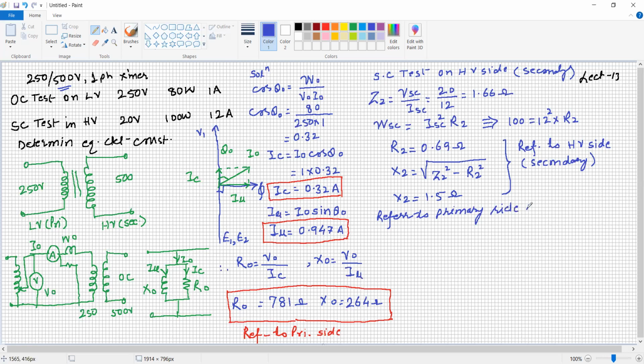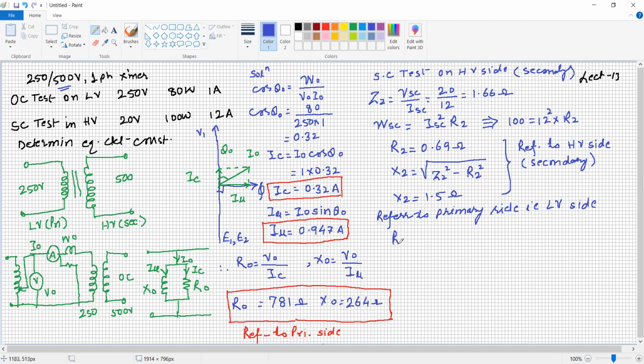Primary side, that is LV side. Now when the resistance and reactance go to the LV side, the values of R2 and X2, that is resistance and reactance, will definitely be smaller.